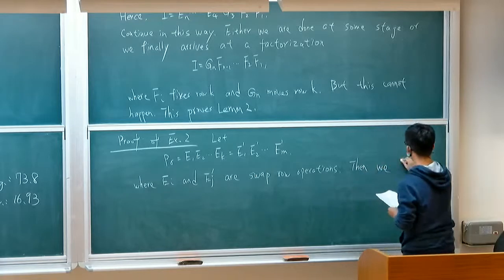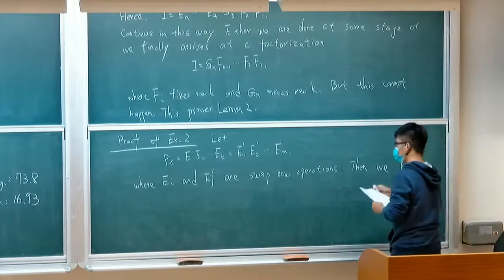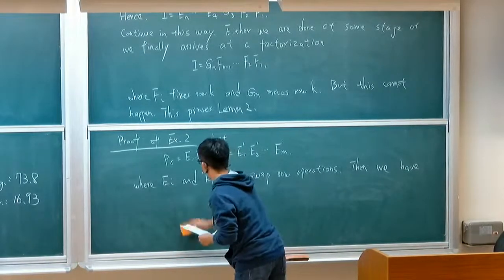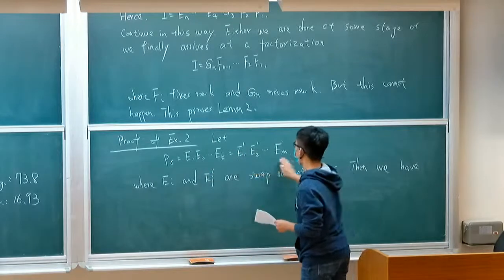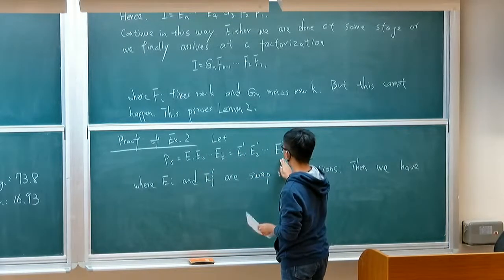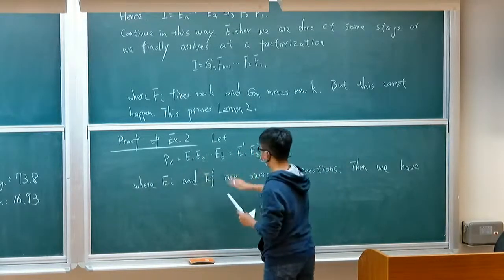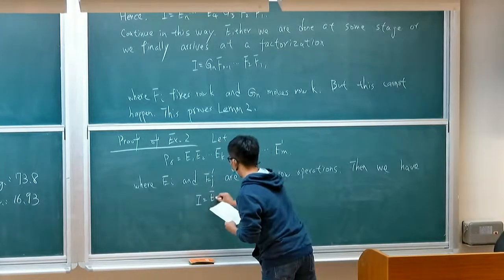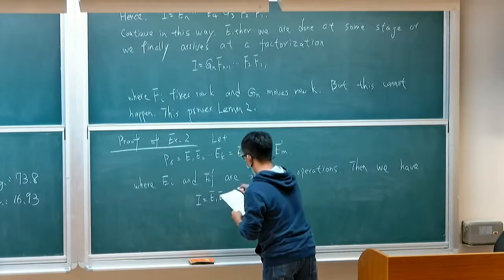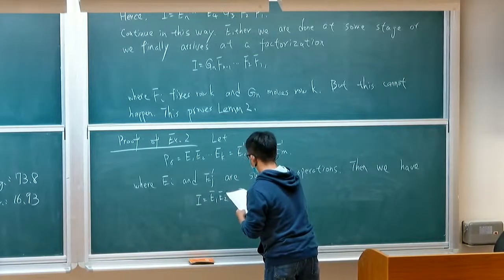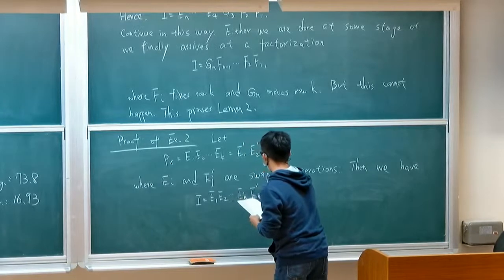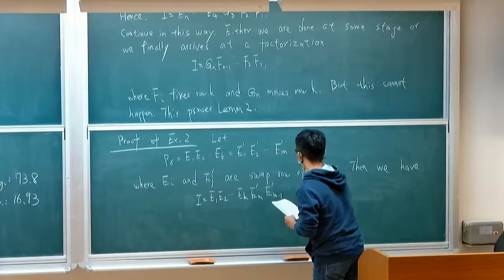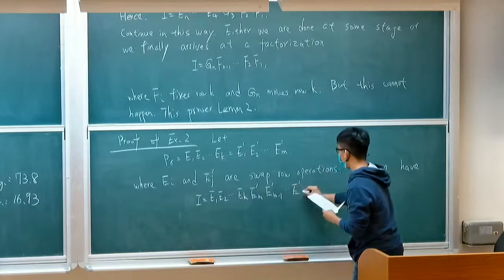Then we move this product of row exchanges to this side of the equation. So we have I is equal to E1, E2, and so on to EK, E prime m, E prime m minus 1, and so on to E prime 1.